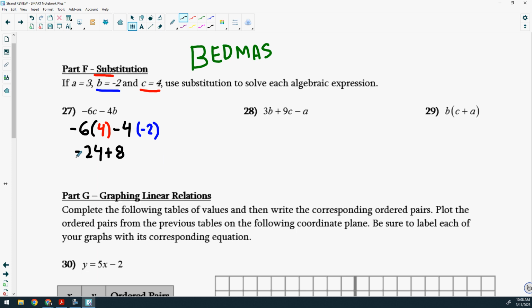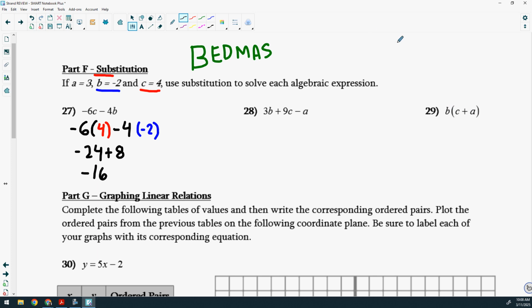Negative 24 plus 8, so it's negative 24 degrees out, and the weather person says it goes up by 8 degrees, which gives us a difference of negative 16, and that's your answer. Okay, let's look at question 29. Question 29, we have in brackets c plus a, and then we have that multiplied by b.